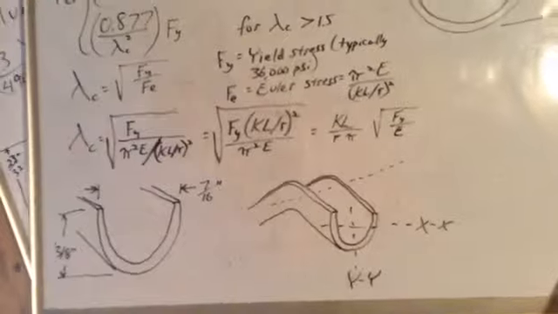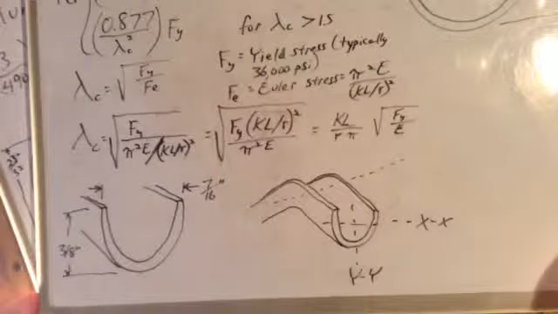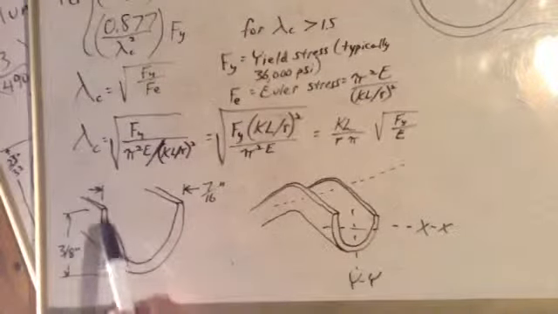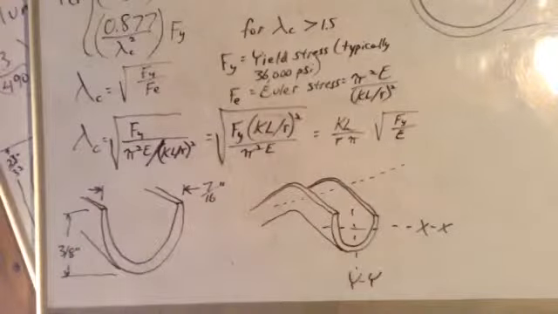It's like that I-beam. If it looks like an I, it's not going to fail in the same direction it would if it looked like an H. So we need to find out what the cross-sectional area of this is, the moment of inertia, the radius of gyration.